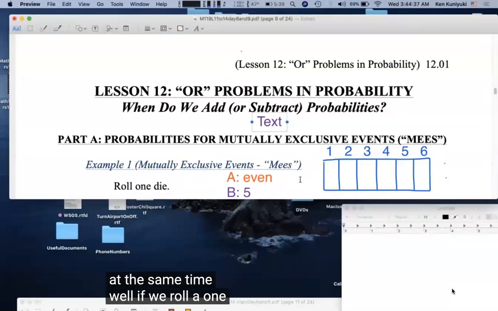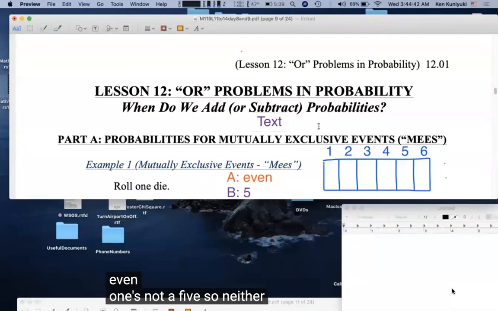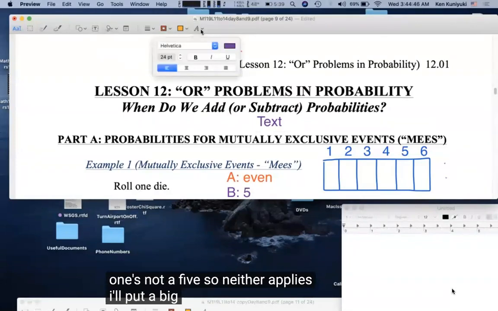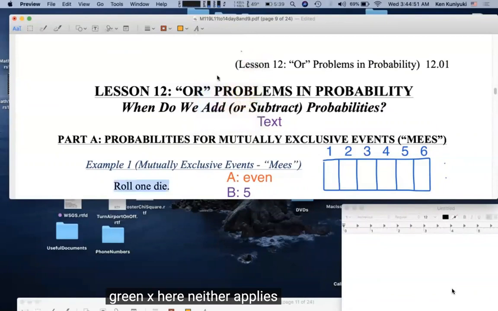Well, if we roll a 1, 1's not even, 1's not a 5, so neither applies. I'll put a big green X here. Neither applies.